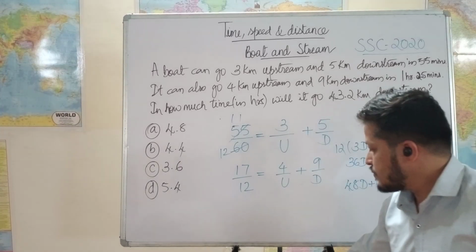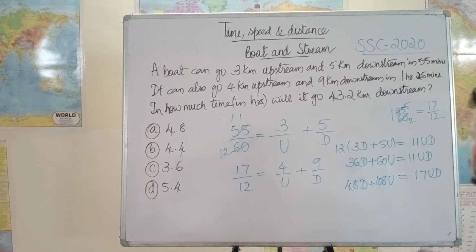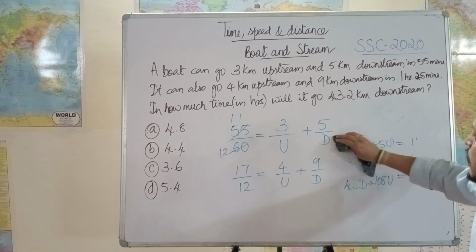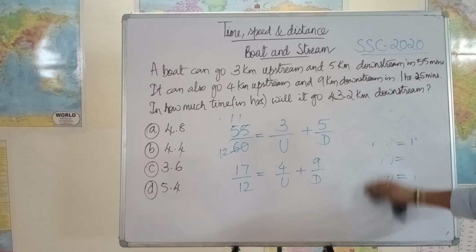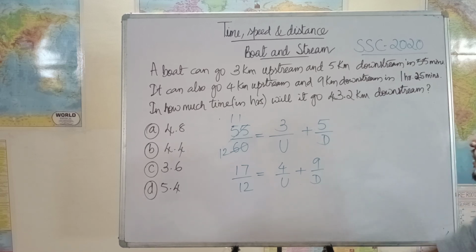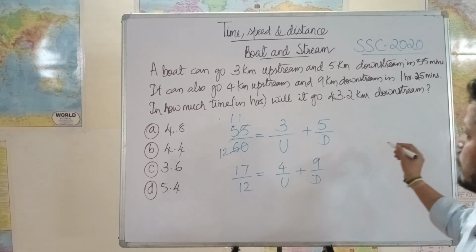Let's do this. Let us get rid of this upstream because we only need downstream speed, right? So from this question, let us get rid of the upstream. How do we do that?